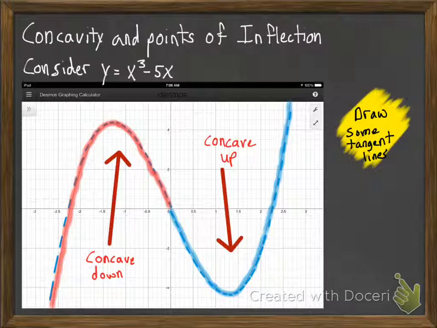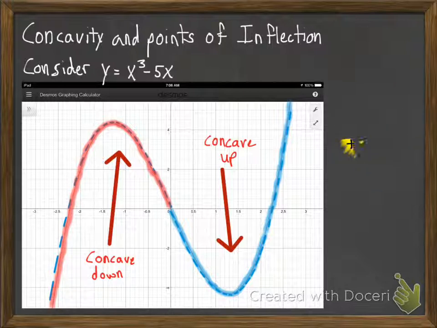Now, if it's concave down, the slopes are getting smaller. They're decreasing. Well, if something's decreasing, then its derivative must be negative. So something is concave down when the derivative of the derivative, since the derivative tells us the slope, so its derivative would tell us how it changes.